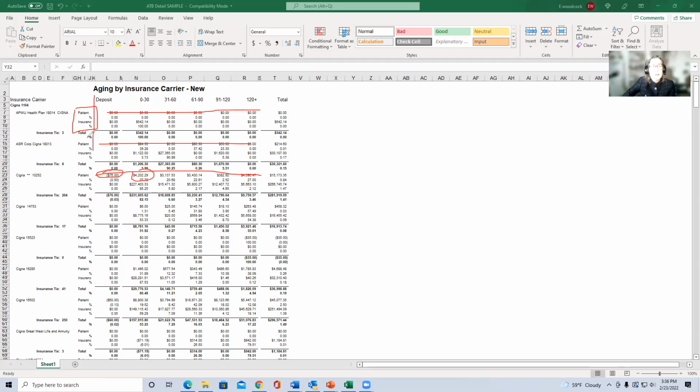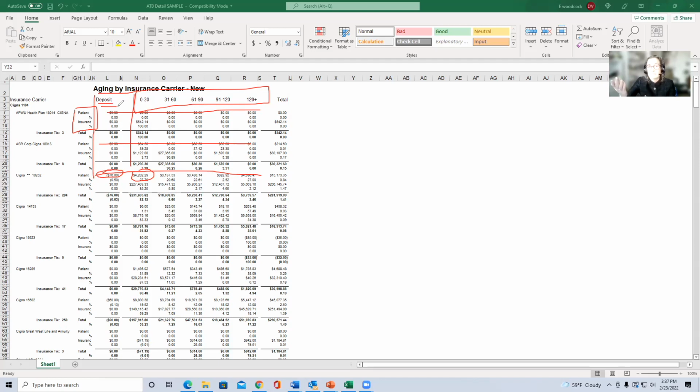And you can see at the top of this column, here are all my aging categories, but I have this really funky one called deposit. That is likely monies that have been deposited but not yet associated with an invoice, or the invoice hasn't been processed.